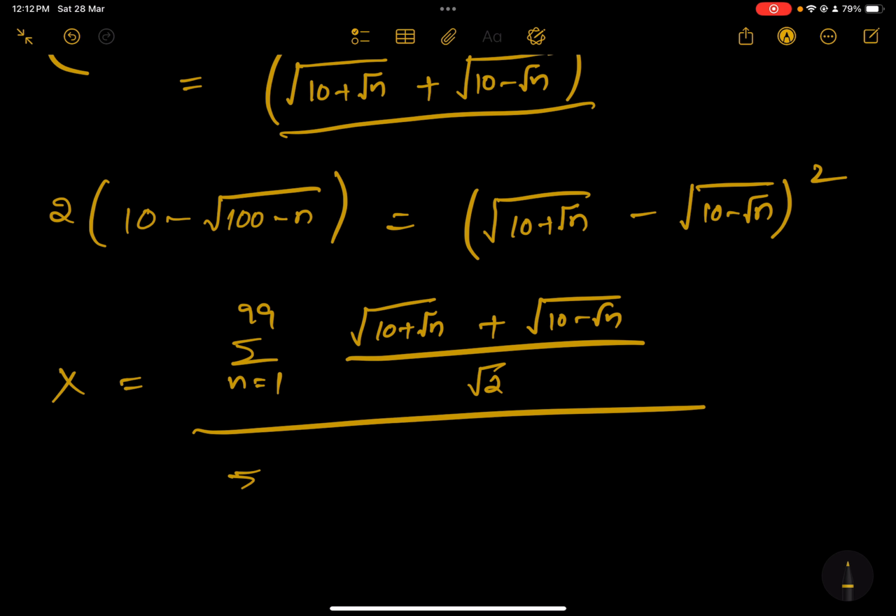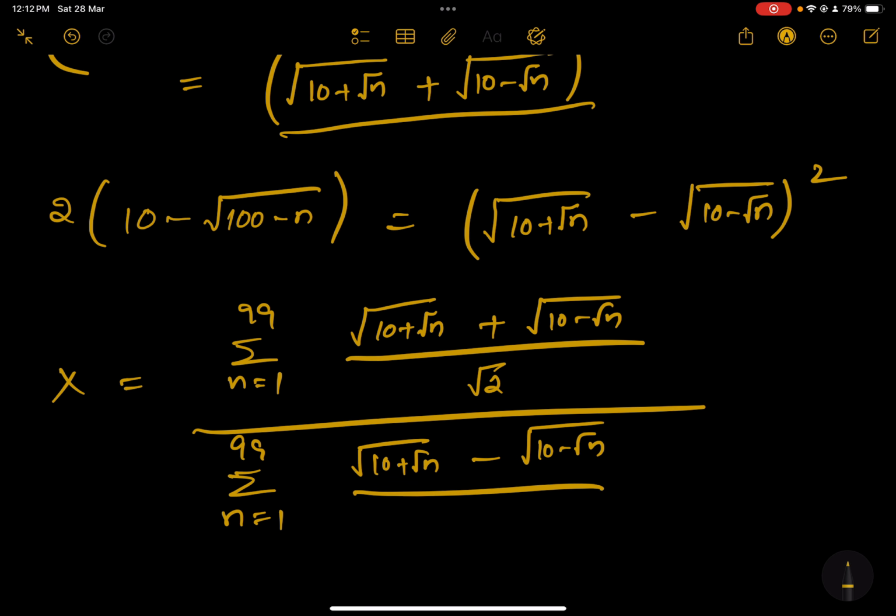Similarly, in the denominator, we get the summation n equals 1 to 99 of square root of 10 plus root n minus square root of 10 minus root n, divided by root 2. This root 2 and this root 2 will get cancelled.